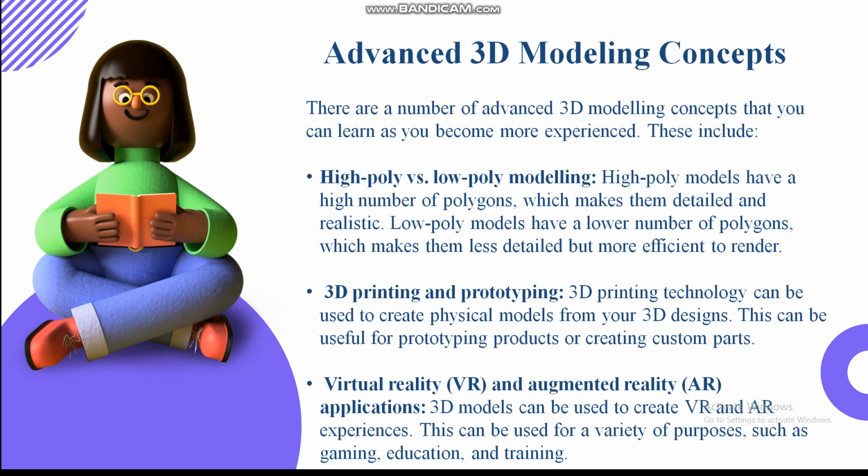There are a number of advanced 3D modeling concepts that you can learn as you become more experienced. The first one is high poly versus low poly modeling. The second one is 3D modeling and prototyping. The last one is virtual reality and augmented reality applications.